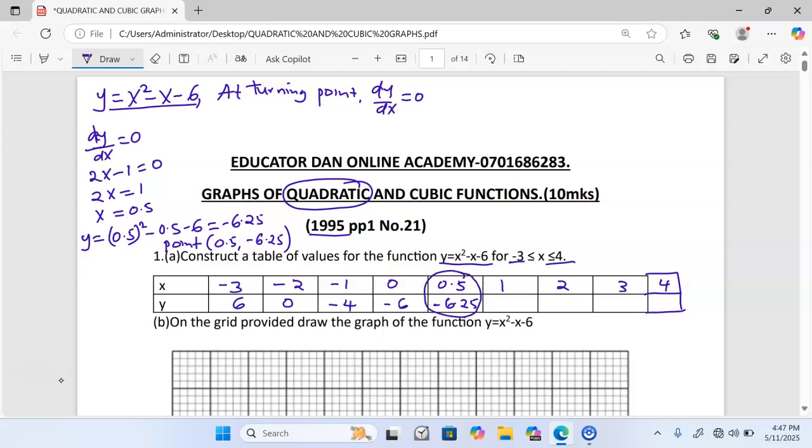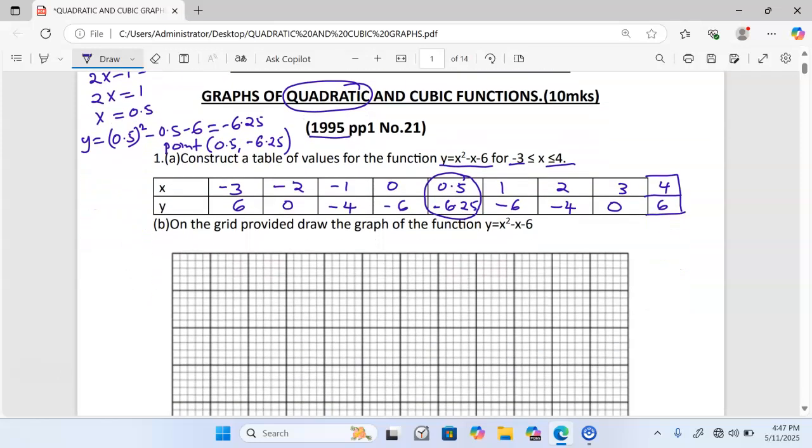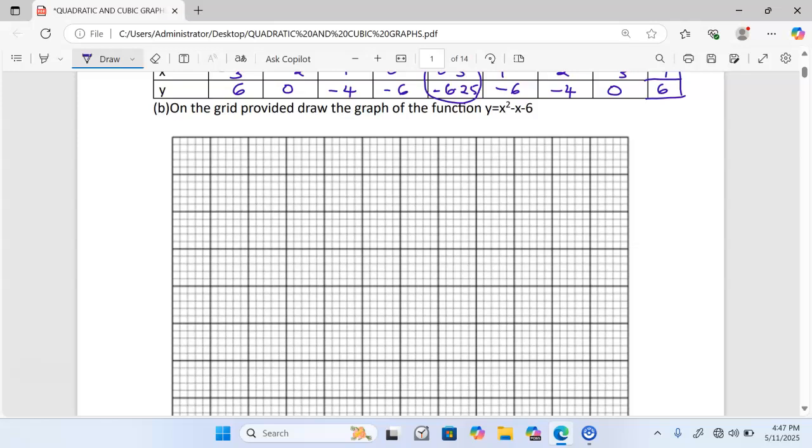Then when x is +1, y is -6. When x is +2, y is -4. When x is +3, y is 0. And when x is +4, y is +6. Once we have our table done, we can now start the plotting exercise.